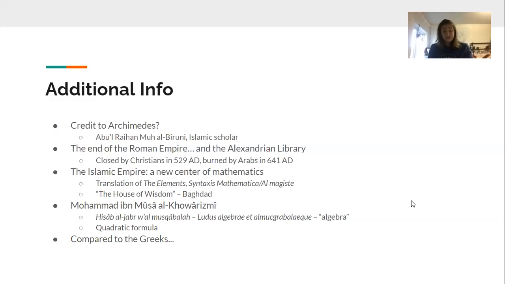Now we get to look real quickly at the most important Arabian mathematician, Muhammad ibn Musa. He is the father of algebra. As we've seen so far, the Romans and the Greeks didn't do a whole lot with algebra.